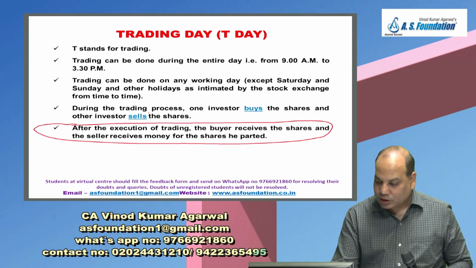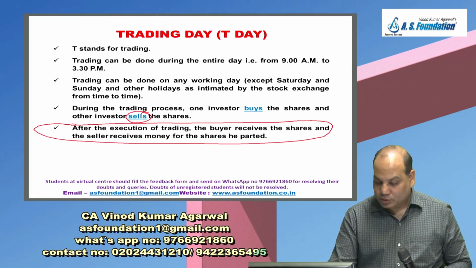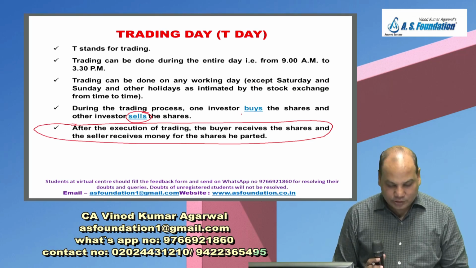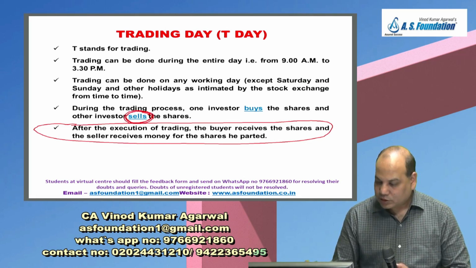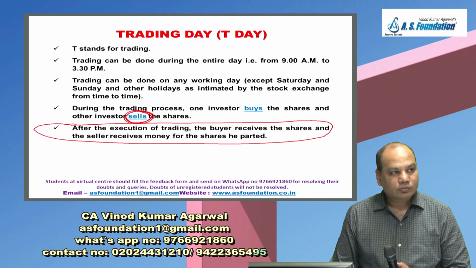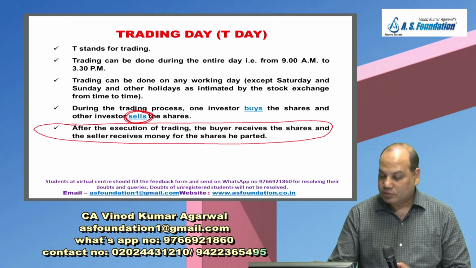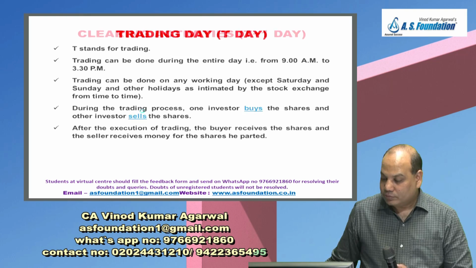I think there is a small typing error here. During the trading process, one investor buys the share, that is correctly typed, and the other investor sells the share. Rectify it if it is wrong, otherwise go ahead.